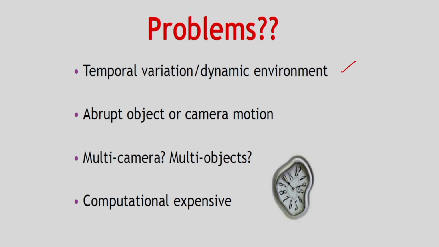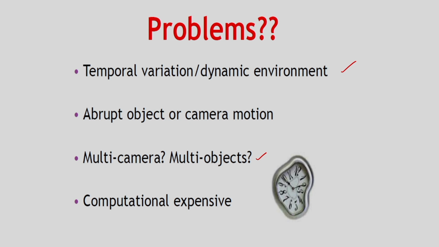For multiple cameras, the field of view will increase as compared to a single camera. But the problem is I have to find a correspondence between all these multiple cameras. So that is one research problem: how to find a correspondence between all these cameras available in the video surveillance system.